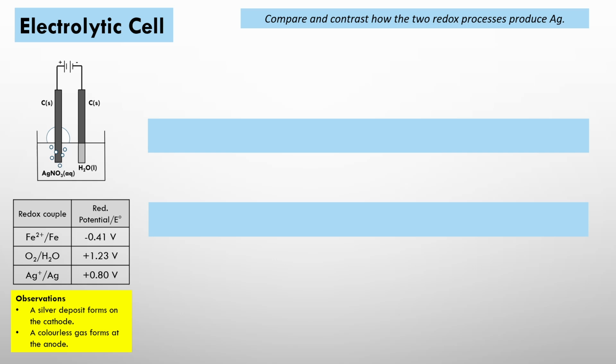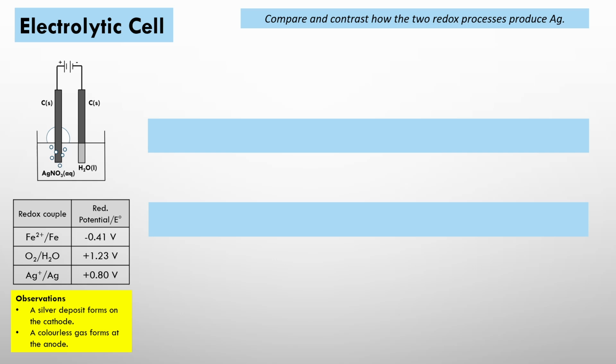I've written down also that there's water in this, and you can see there are a couple of observations here. On the cathode, a silver deposit is formed, and we have a colorless gas coming off the anode. Remember, we're going to have to link that to our half equations. So what are the two redox couples that are going to happen here?